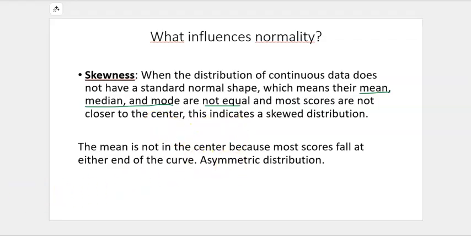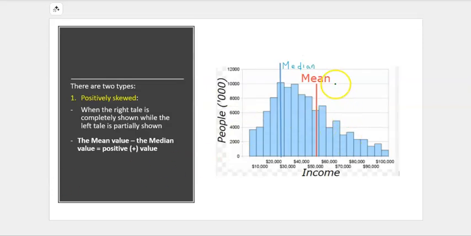You can see there is a mean here, but many scores are higher in the left part, not at the mean. So your median and the mean are not in the same position. In that case, you can say this is positively skewed. Why? Because most of your scores are on the left, on the minus side.